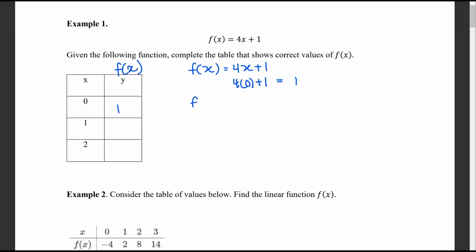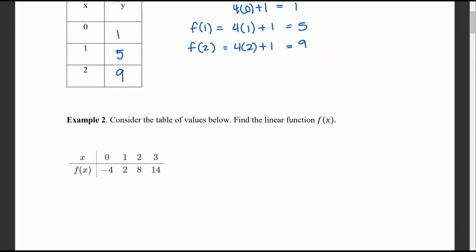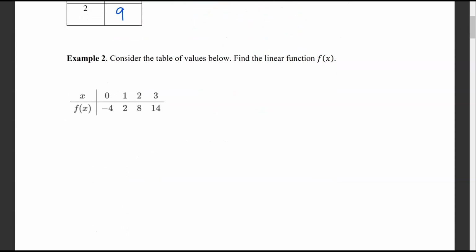And so then f of 1 is going to be 4 times 1 plus 1, which gives us 5. F of 2 would then be 4 times 2 plus 1, which gives us 9. And so that's how we evaluate linear functions. This should be a review so far.